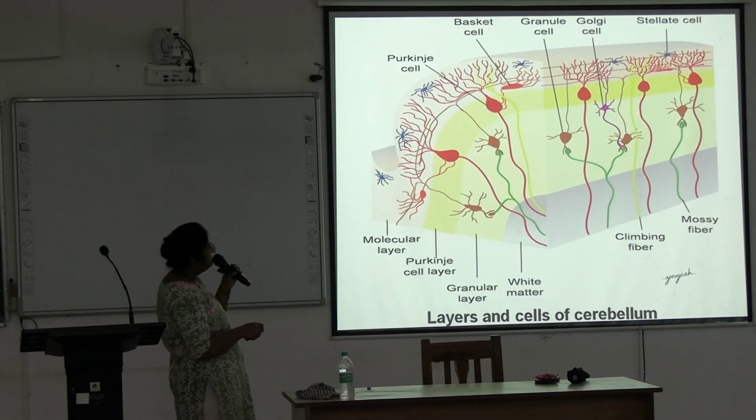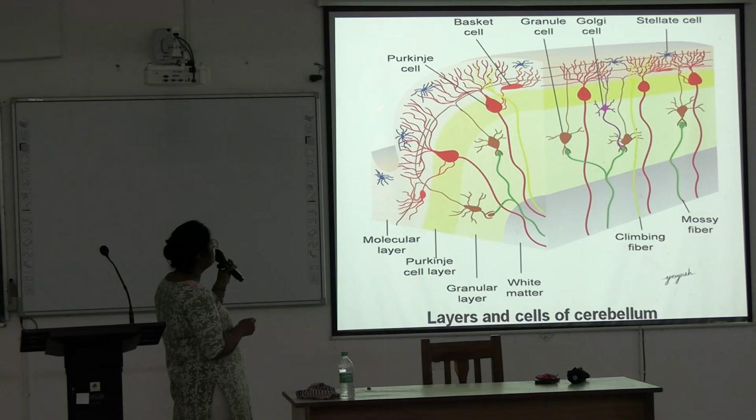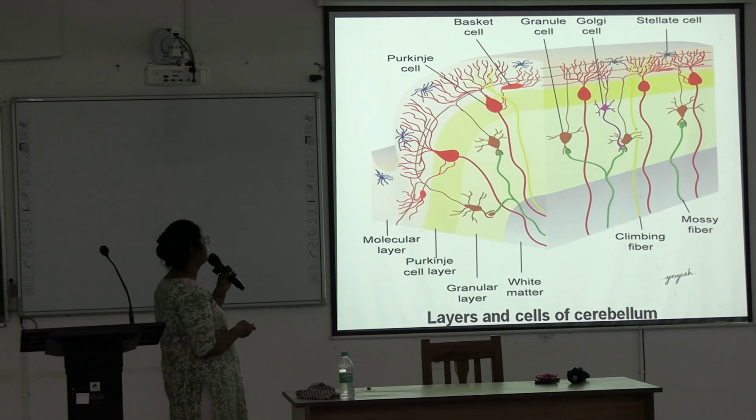See the climbing fiber going to anastomose with them, and the dendrites of the Purkinje cells are also ascending. Fibers from the granule cells also lie in this layer, forming parallel fibers in the molecular layer, anastomosing with other cells.